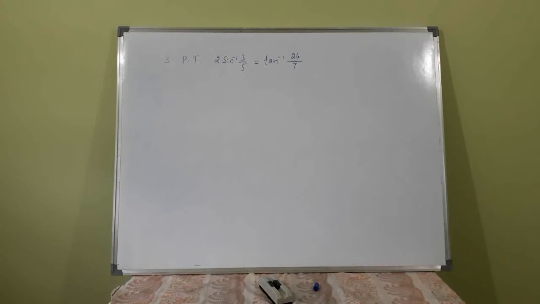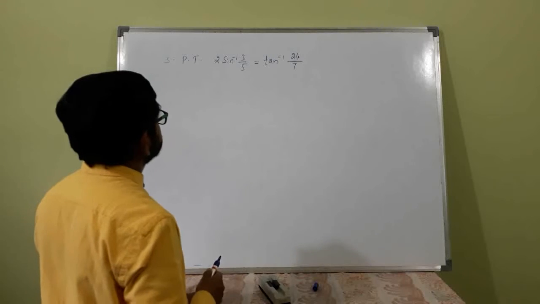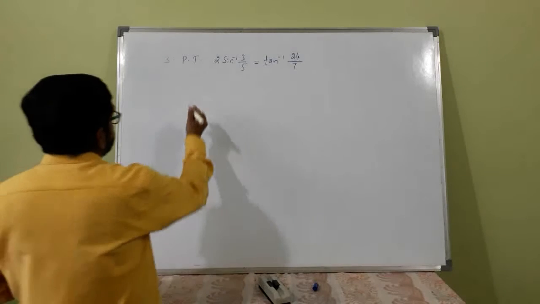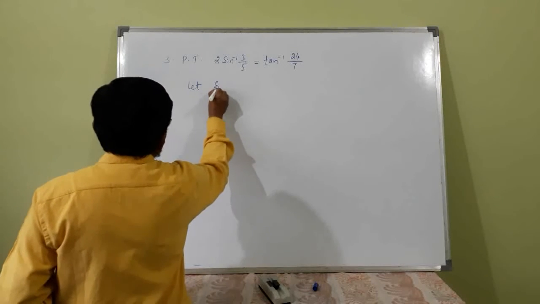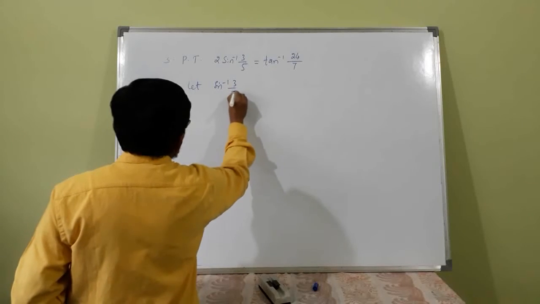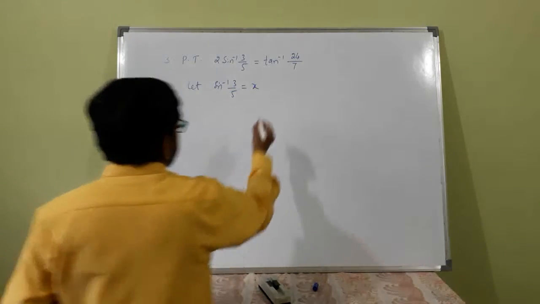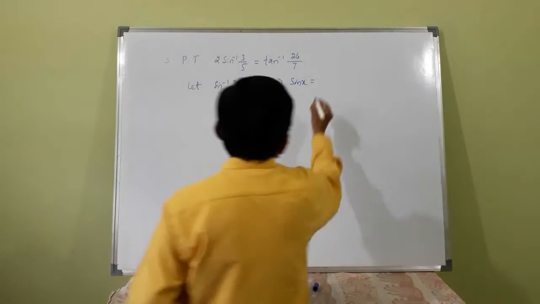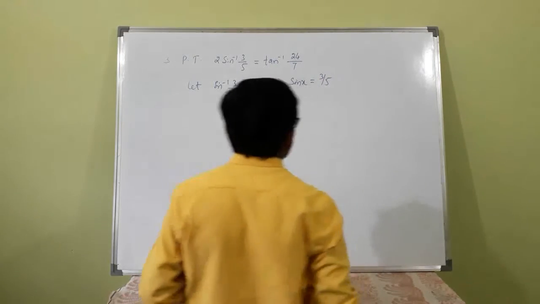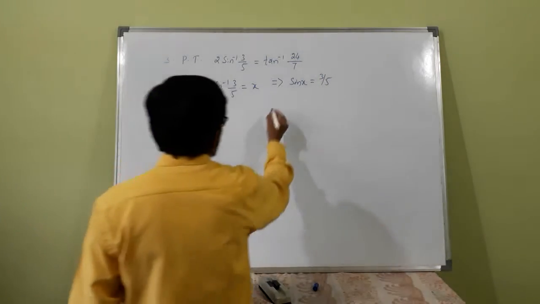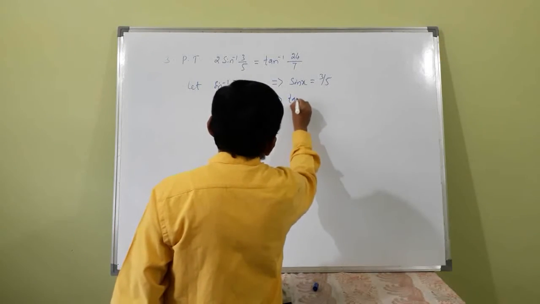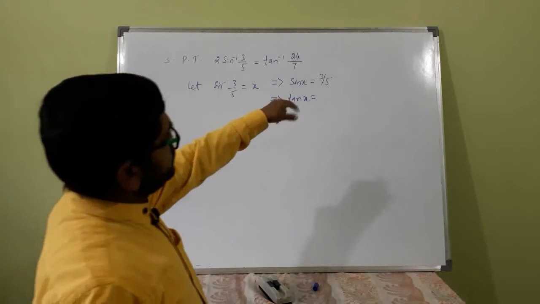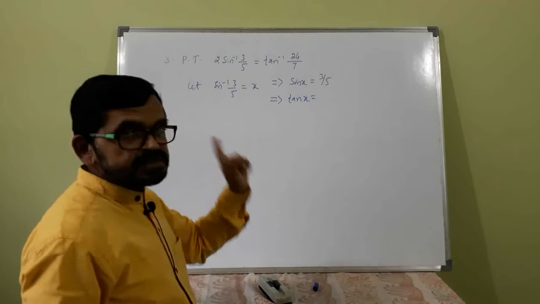The third question is, prove that 2 sin inverse 3 by 5 is equal to tan inverse 24 by 7. See, let sin inverse 3 by 5 is equal to x. That implies sin x is equal to 3 by 5. What about tan x? 3 by 5 means 5 is hypotenuse, opposite side is 3, other side should be 4.